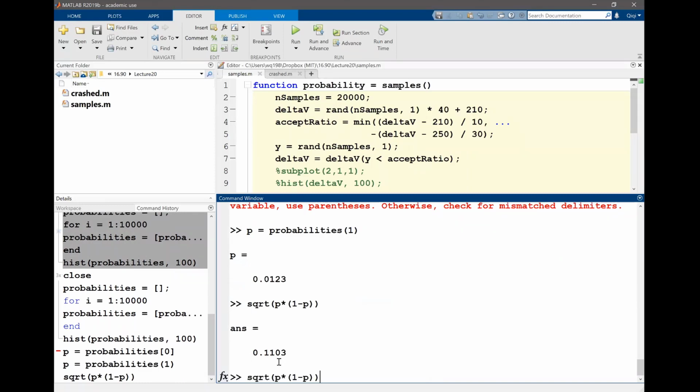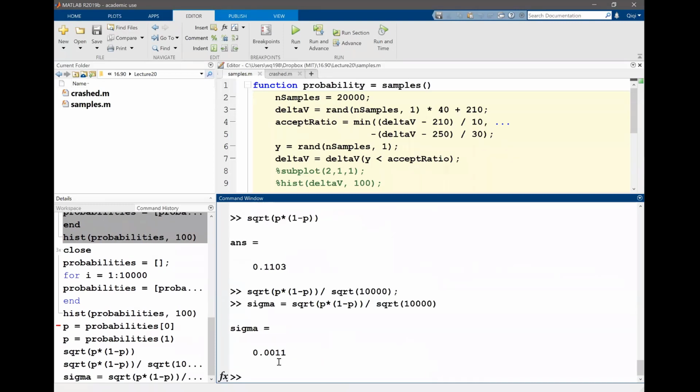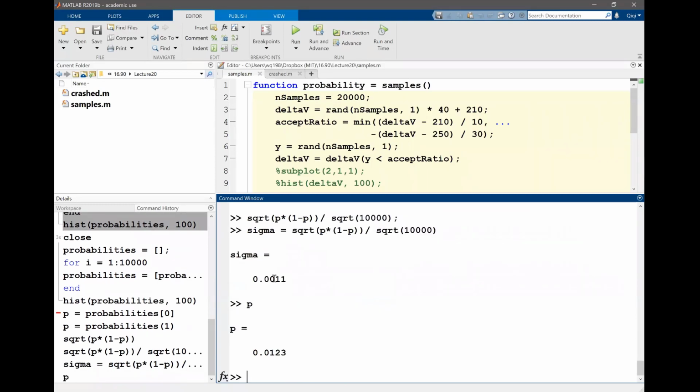But now, since I know I'm using about 10,000 samples, my standard error or sigma is actually pretty small, right? Compared to my p, it's going to be about 0.1%.